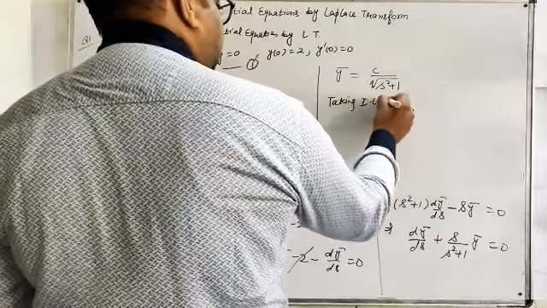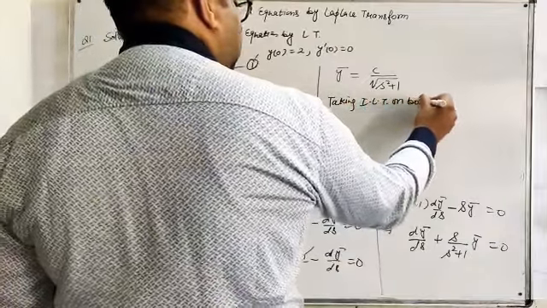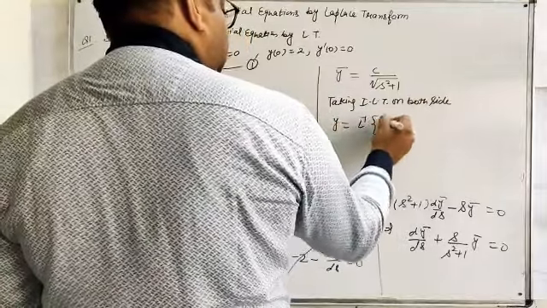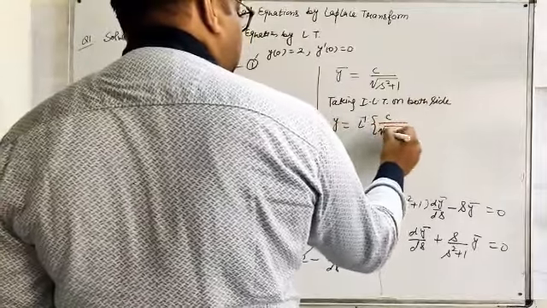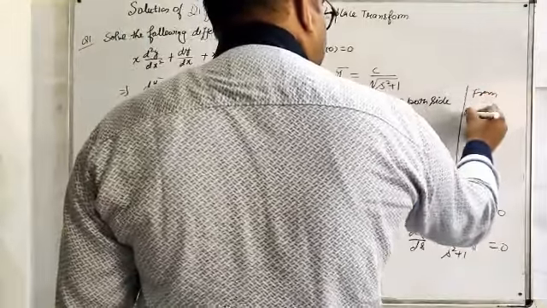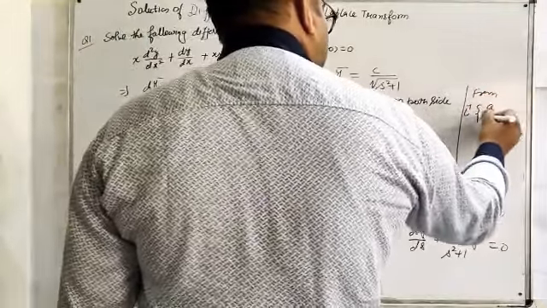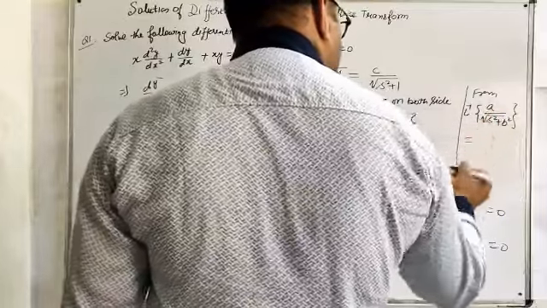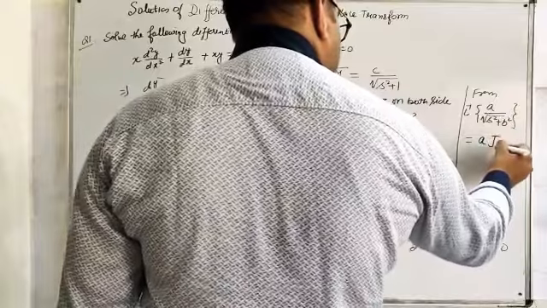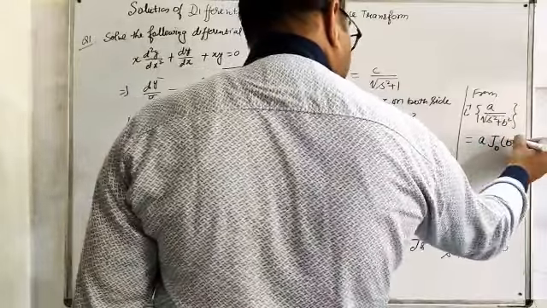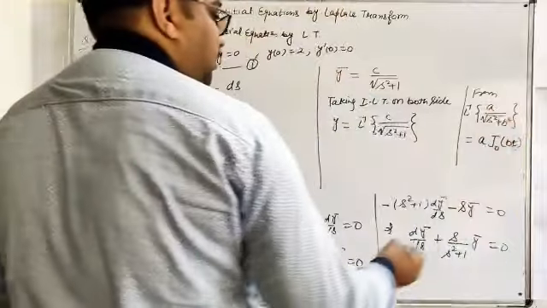Taking ILT on both sides, we get y equals inverse Laplace of c upon root s square plus 1. From the formula, inverse Laplace of a upon square root of s square plus b square is equal to a J naught bt.